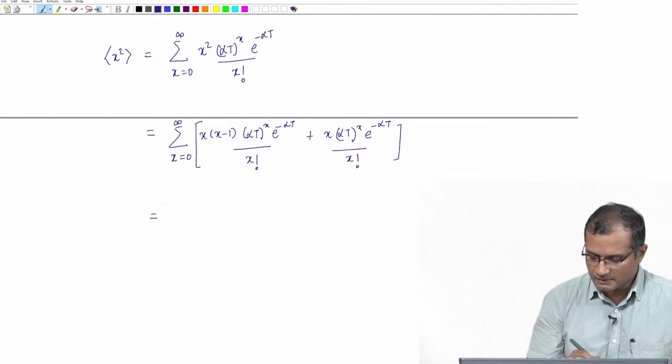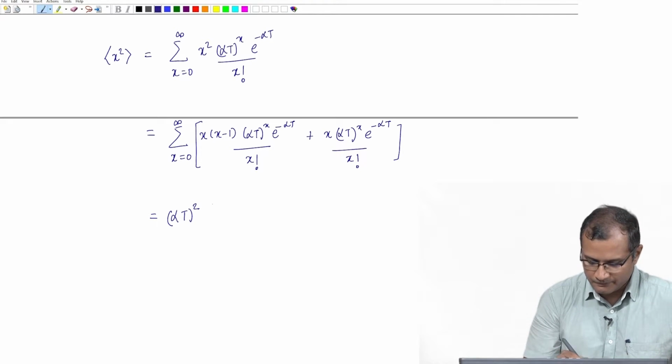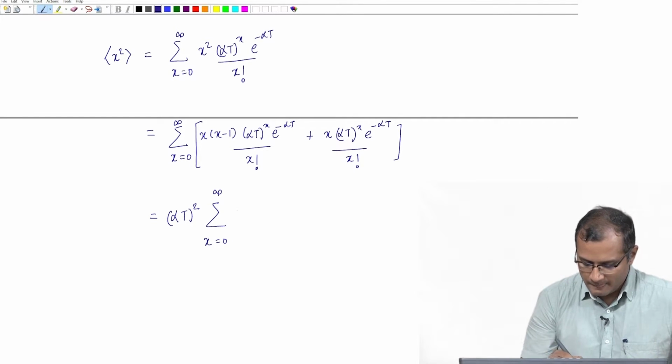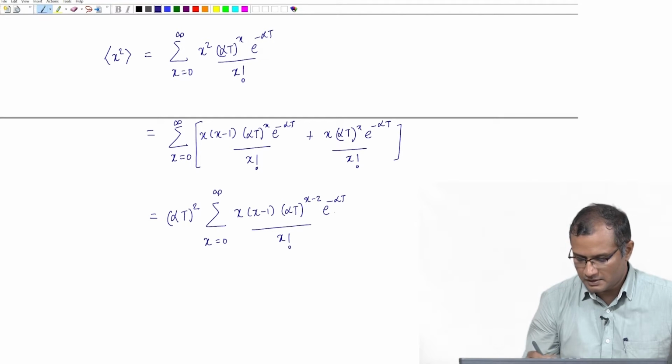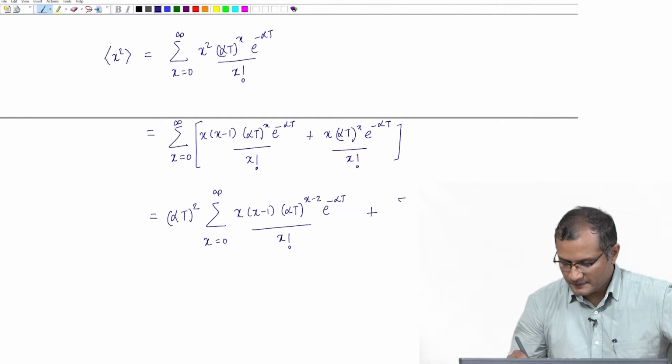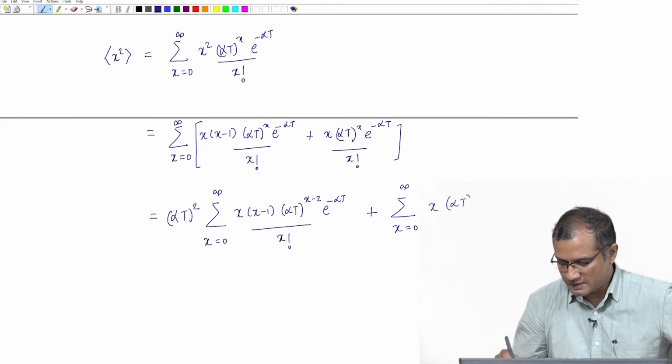So, what I will do is basically I will just multiply alpha t the whole square, and the first term becomes summation x going from 0 to infinity x into x minus 1 into alpha t to the power x minus 2 e raised to minus alpha t over x factorial plus summation x going from 0 to infinity x alpha t to the power x e raised to minus alpha t over x factorial.